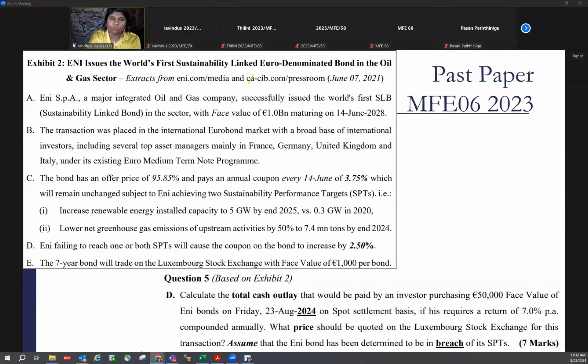There are two questions. What is the total cash outlay? And the second part says, what is the quoted price?